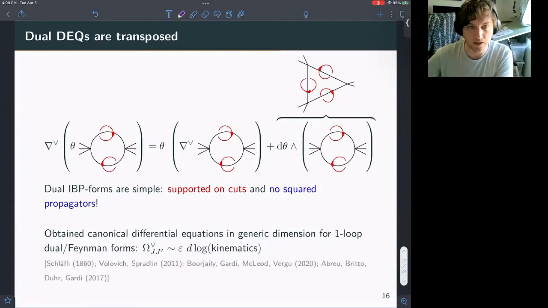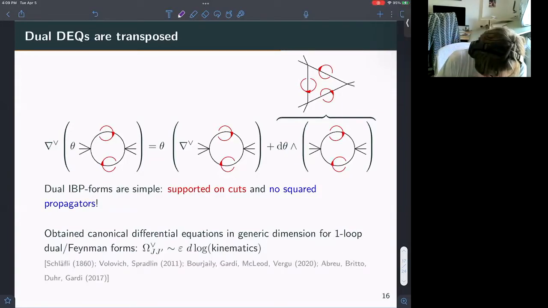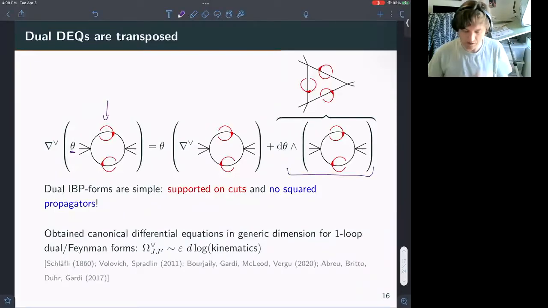So it contains all of these lower, less complicated sub-topologies. On the dual side, however, when I do integration by parts, eventually a derivative is going to hit this theta function, and that's going to localize what's already a form on a 2 cut to something on a 3 cut. So that's the sense in which these differential equations are transposed.